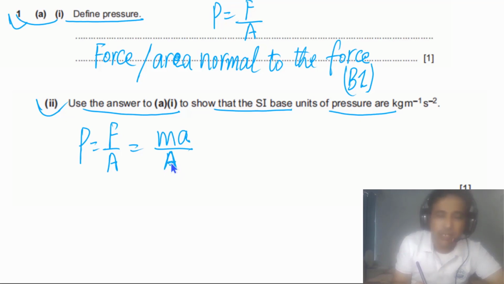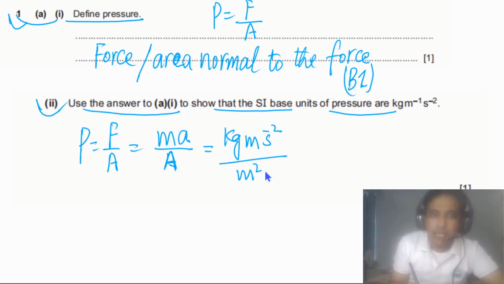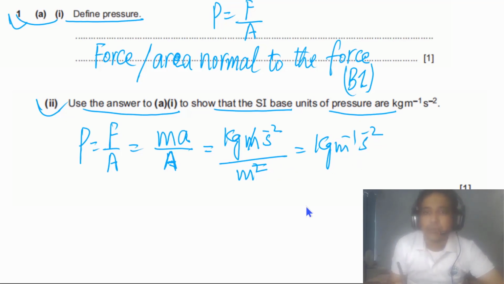The SI unit for mass is kg, for acceleration the SI base unit is meter per second squared, and for area we have meter squared. Now we can simplify this one. We can cancel this meter with this power, so we are left with kg per meter per second squared. This question also has 1 mark. If you have derived this, you will get 1 mark.